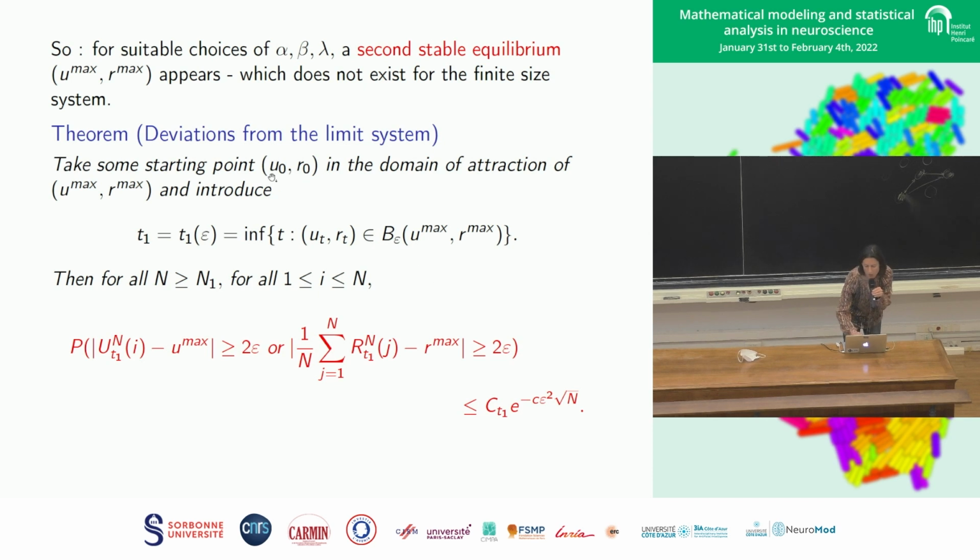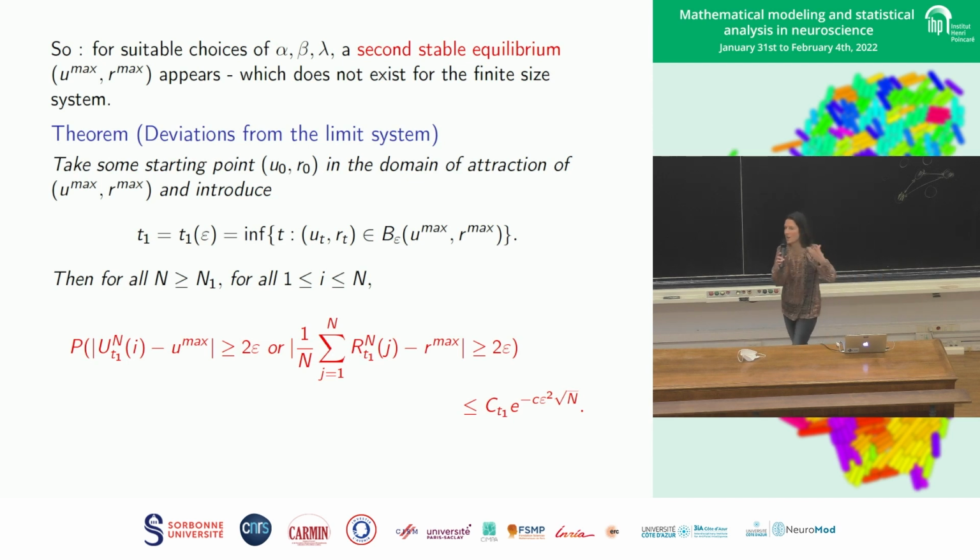So if I put some initial conditions in the domain of attraction of this second attracting fixed point, and if I take T1 the first time that my limit system is in a small ball around the limit attracting point, then the probability that at the same time the finite system is not in this ball, or the empirical mean of the calcium values is not in this ball, is exponentially small.